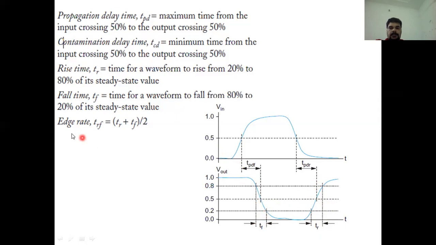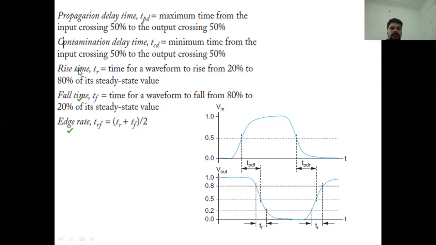So we define another term called edge rate. Edge rate is nothing but the average of rise time and fall time. So these three terms we have defined. Another delay time is known as propagation delay time.